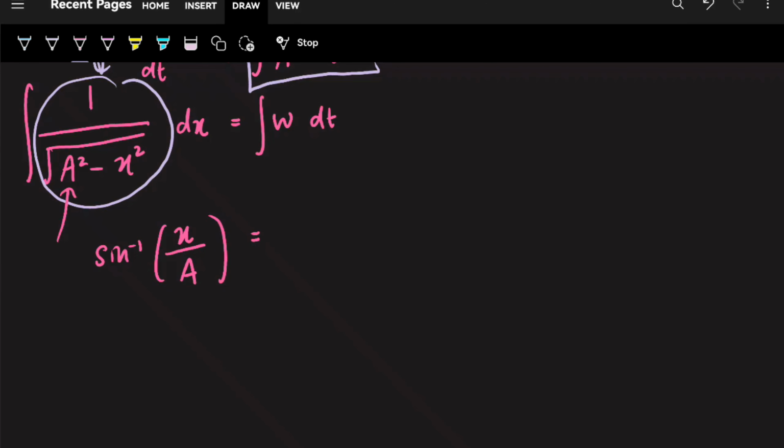Equals omega t, because we are integrating with respect to t, omega t plus phi. So this phi is actually an arbitrary constant. Usually we put c, right? But in the end, you can also rename the c to be phi. But I'm just going to straight away put phi here. So this is the arbitrary constant.